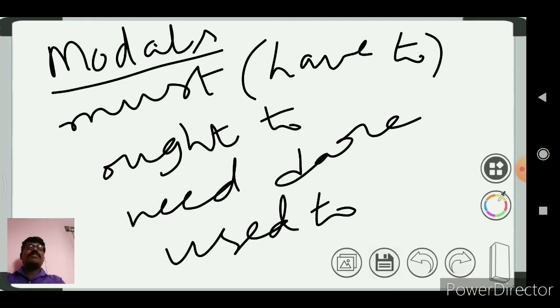So friends, auxiliary verbs are very important. So be forms, do forms, have forms. Modals come under will, would, shall, should, may, might, can, could, must, ought to, need, dare, used to. These are all modals.